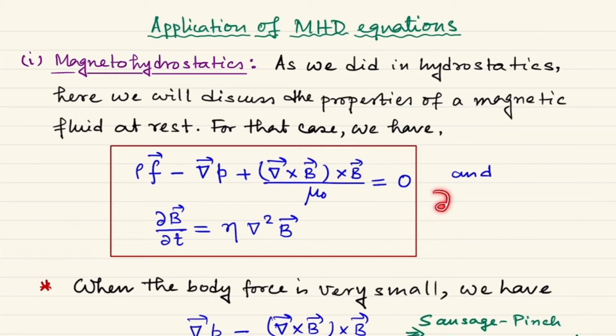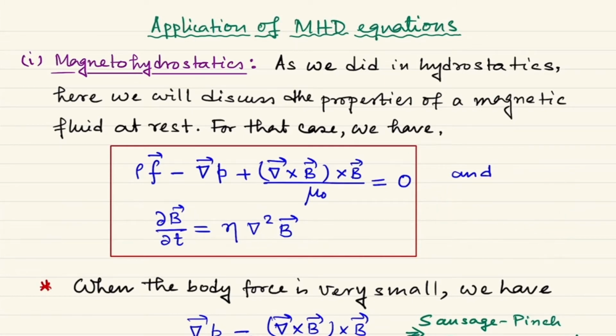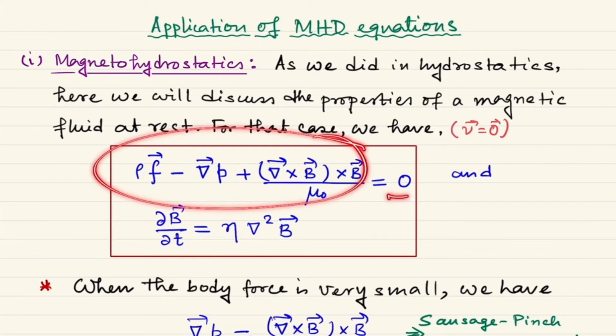The inertial term and the viscosity term, which involves the dynamic viscosity, all vanish because v is vanishing. So the sum of these three is equal to 0.